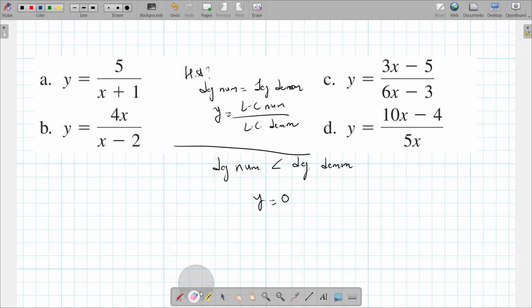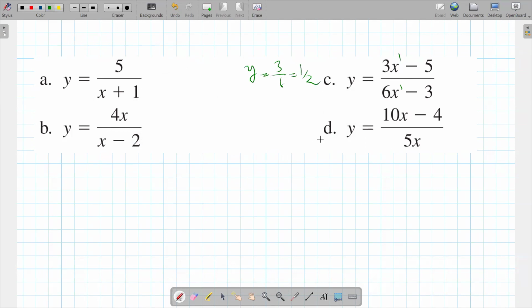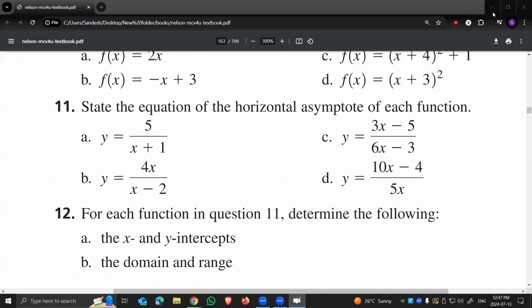The last one, 10 over 5. So let me just show you. Because the degree is the same, for C it's going to be 3 over 6, which is 1 over 2. Here, again, the degrees are the same as C. It'll be 10 over 5, at 2. And done. Easy peasy.